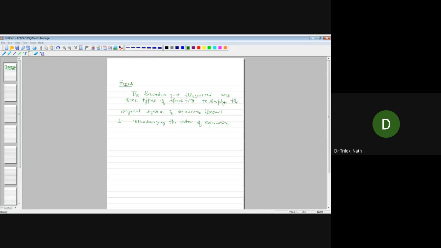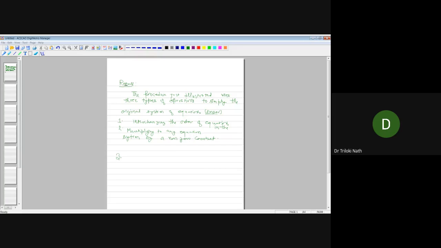Second thing is multiplying any equation in the system, of course we are talking about the system, by a non-zero constant. Remember, by a non-zero constant.